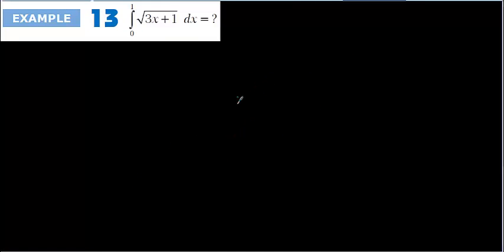Then for this one, we learned the radical function, how to get the integral of the radical function. Now we are going to get the definite form of the integral from 0 to 1.